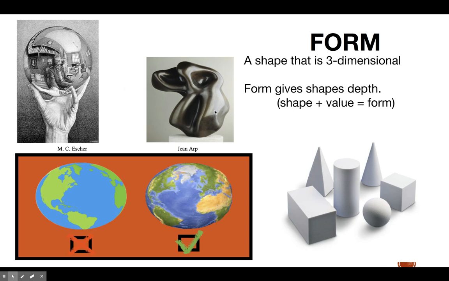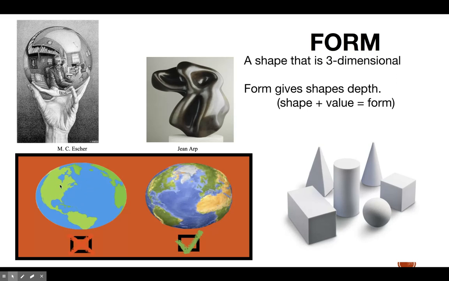Same thing goes for this sculpture here. Instead of it just being a simple shape, we have the dark contrasting areas inside of the indents of this sculpture here, giving us value, which also gives us depth. And another good way to think about this here is using a flat object.